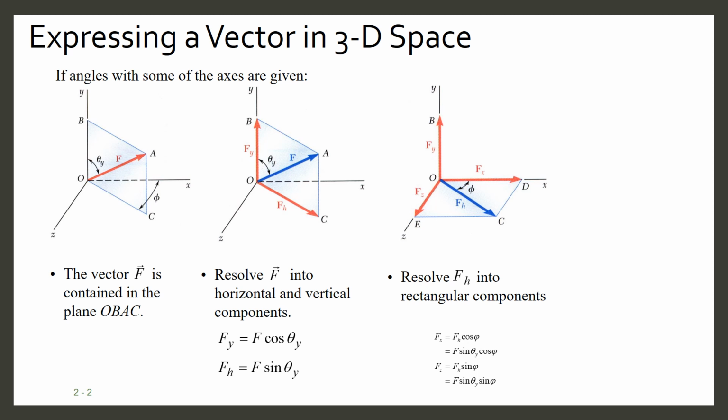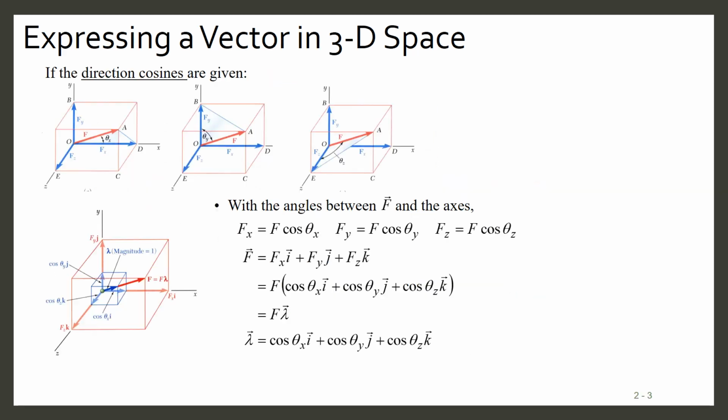Okay. Now let us move further. Now suppose you know the direction cosines. This vector F is inclined with angle theta x from the x-axis, angle theta y from the y-axis, and angle theta z with the z-axis.